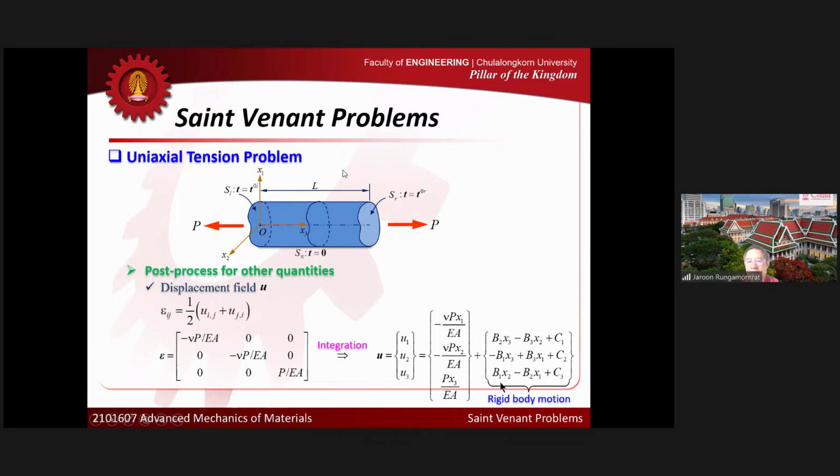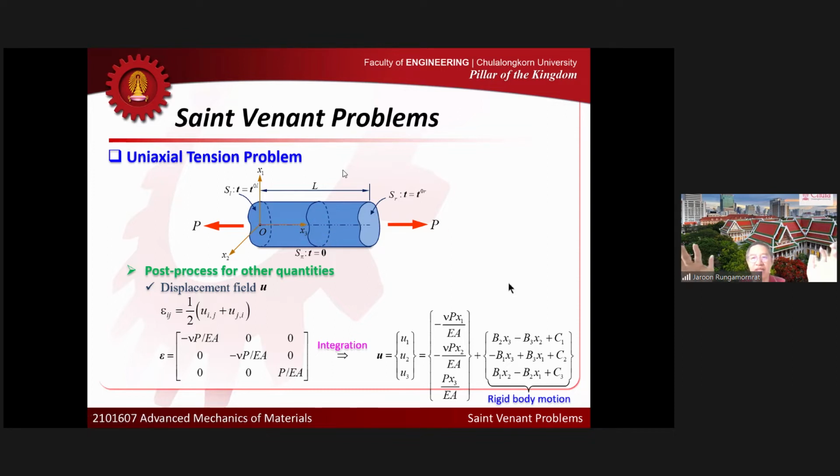And the second part here is the part that generates zero strain, or the part associated with rigid body motion. For this particular problem, we don't have any point on the boundary that we constrain against movement, right? So we can say that this body can experience rigid body motion without changing any strain or stress field inside.